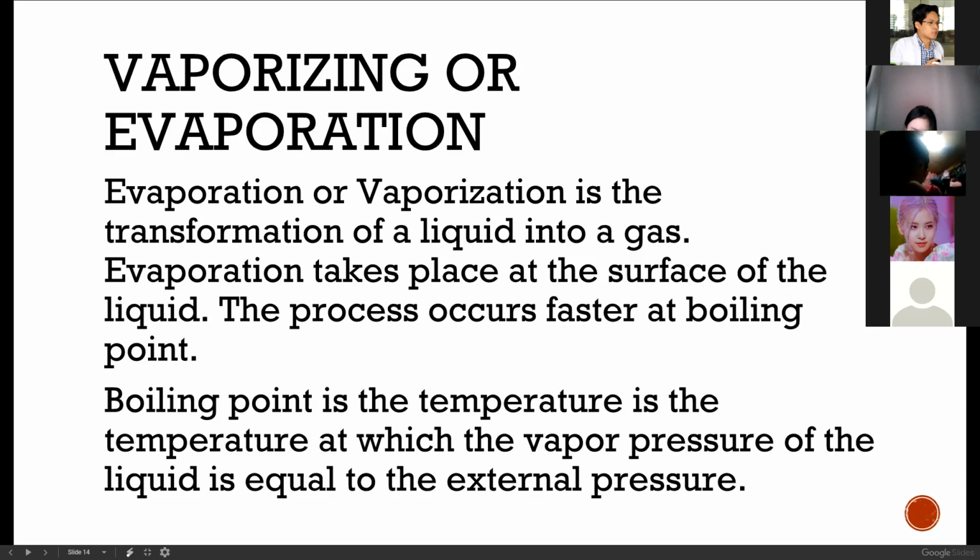For example, the boiling point of mercury is not equal to the boiling point of water, at which the vapor pressure in the liquid is equal to the external pressure. So you are now transforming liquid into gas.